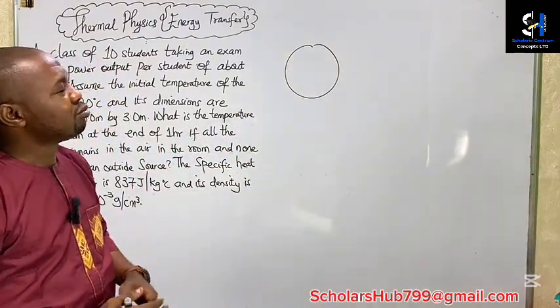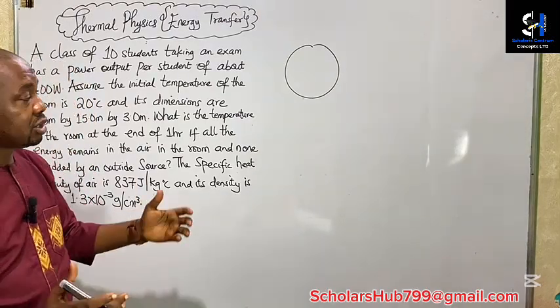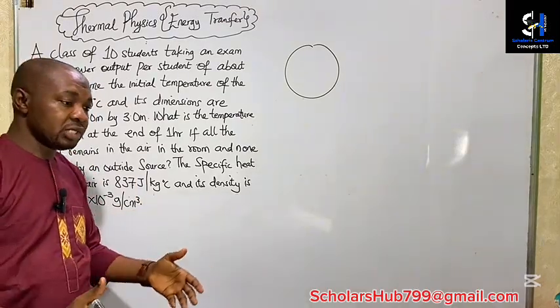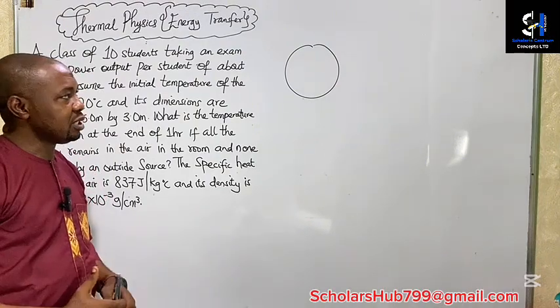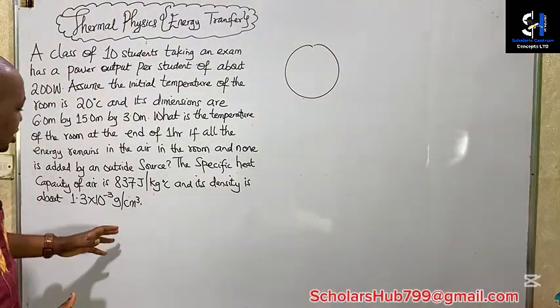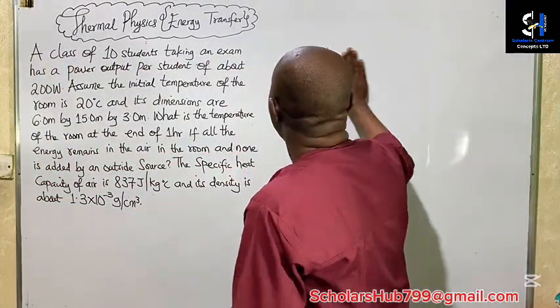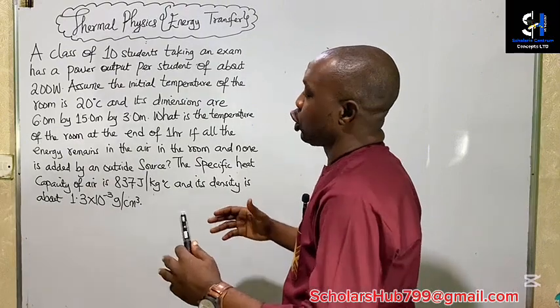And we have different types of systems when it comes to thermodynamics. We have steady states and the rest, quasi-steady states and so on. But what is important in this case is that, let's say this is the room. Now the room has a shape of more like a cuboid.